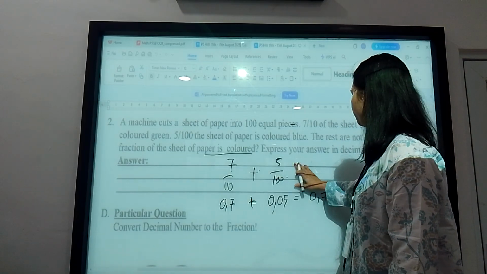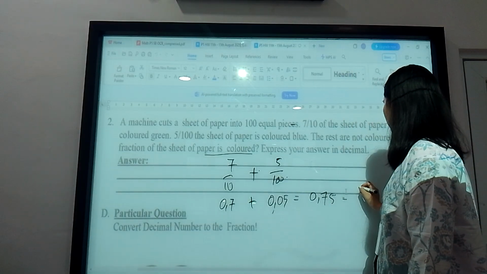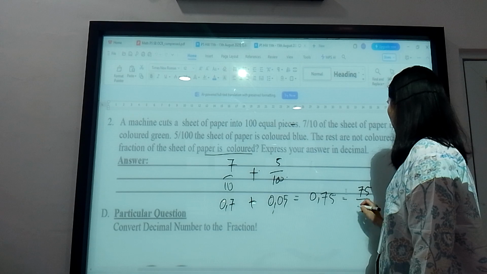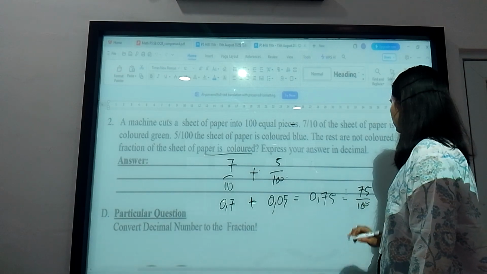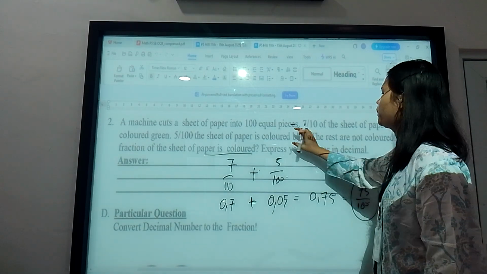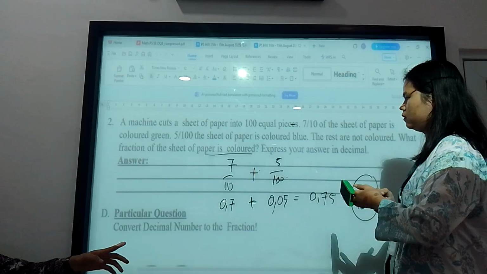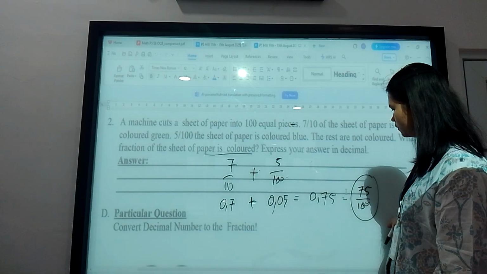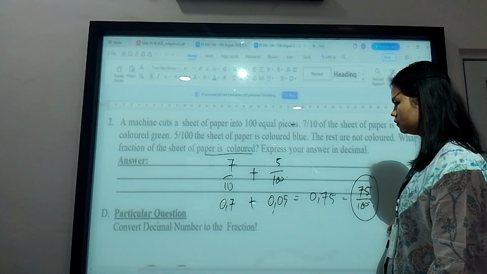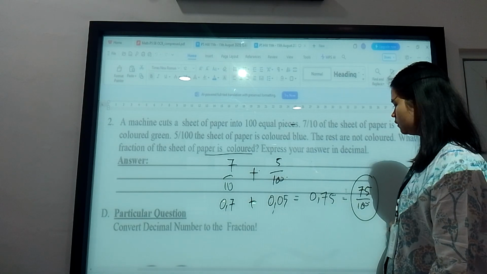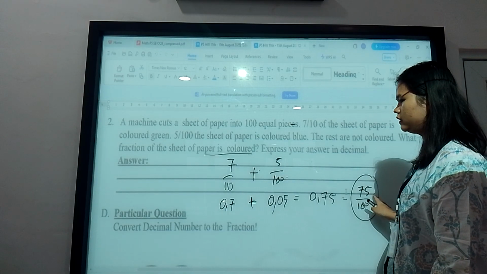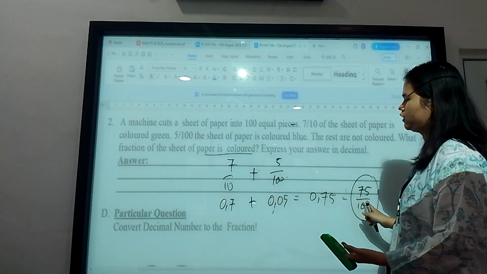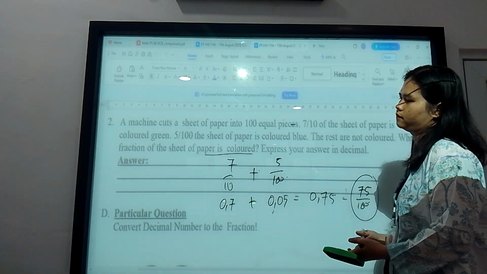We turn that into the fractions. It's like 75 out of 100. So this is the colored part of the paper. At the addition of the fraction, how to solve that one? 7 out of 10 plus 5 out of 100. So what is the result of it? This is the colored paper, the fractions and the decimals one.